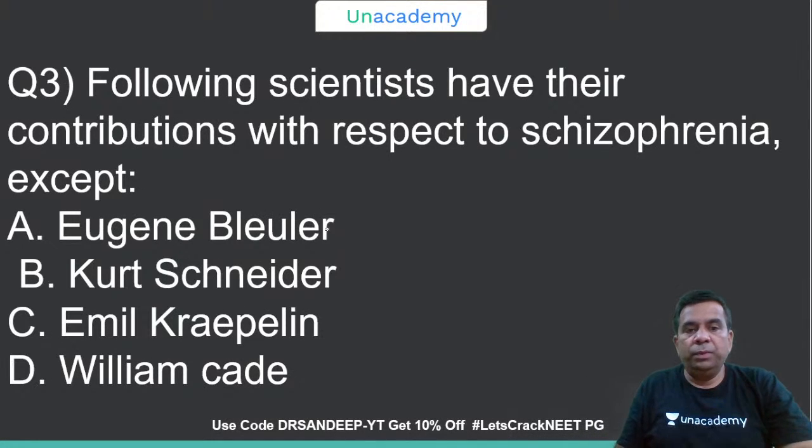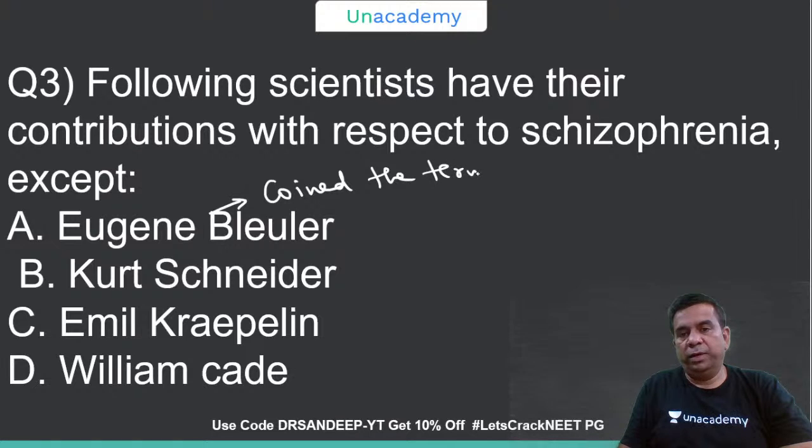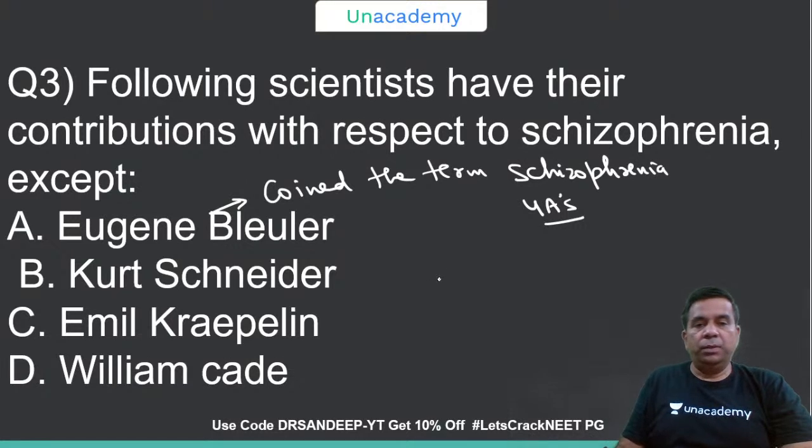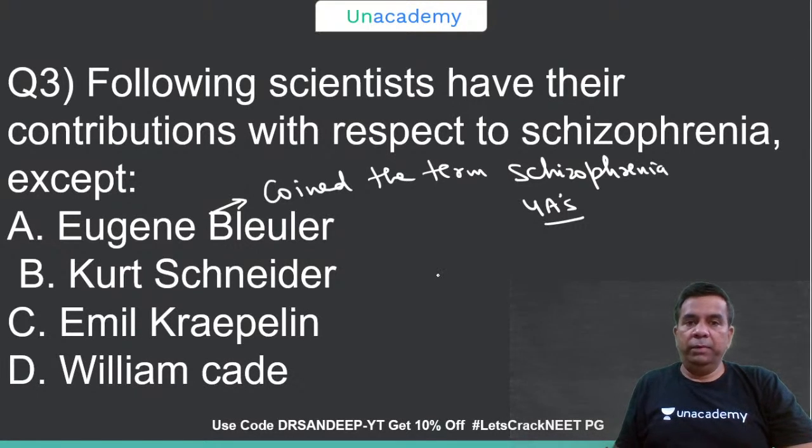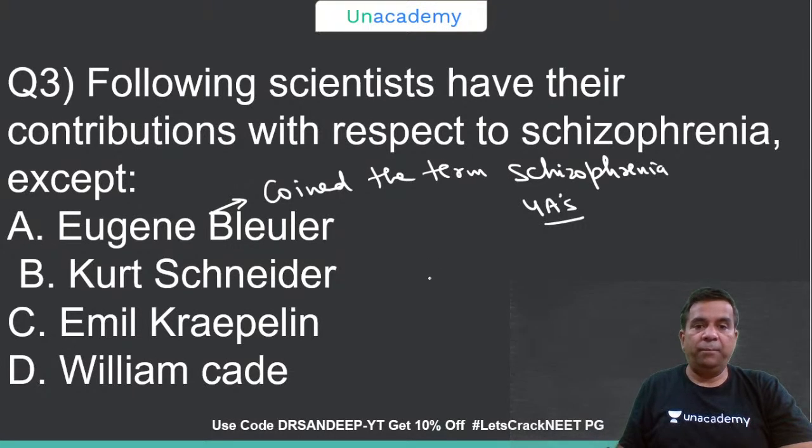We know Bleuler is the man who coined the term schizophrenia and gave the 4 A's of schizophrenia, namely autism, ambivalence, affective blunting, and associational loosening.